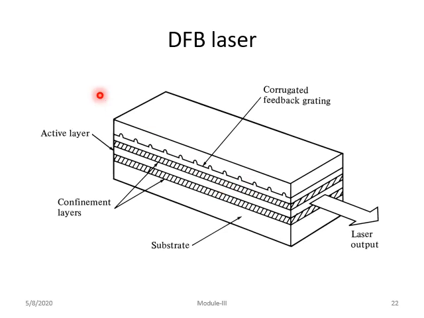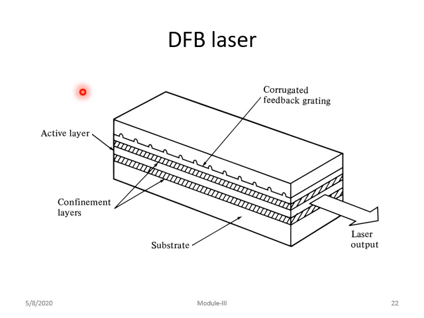This corrugated feedback grating involves a periodic variation of the refractive index in a multi-layer structure along the length of the diode. Here we are majorly considering a Bragg reflector, or Bragg grating reflector, during lasing action.